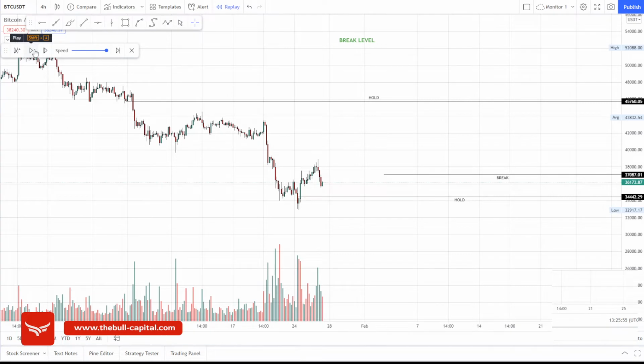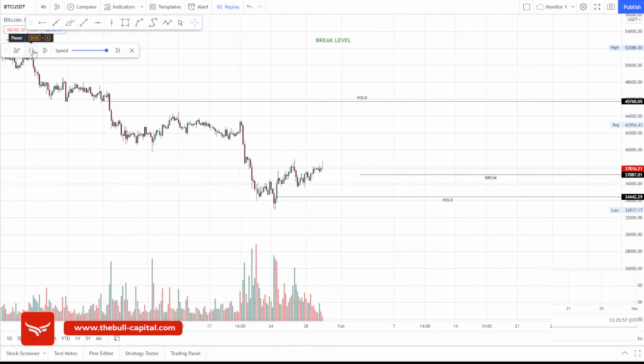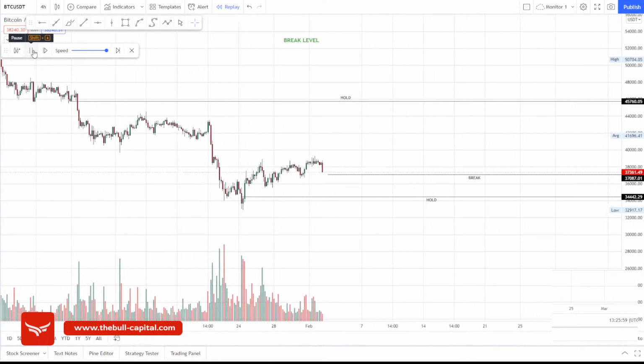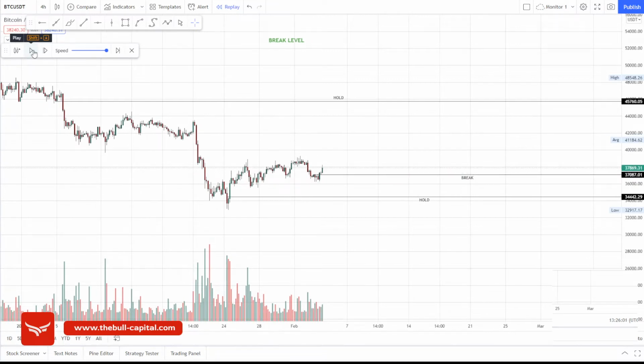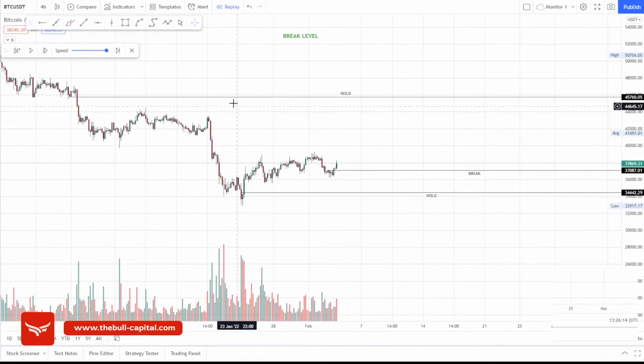Let's hit play, and here it creates a break level. What that means is how high actually it can go. So we have another hold level around here.